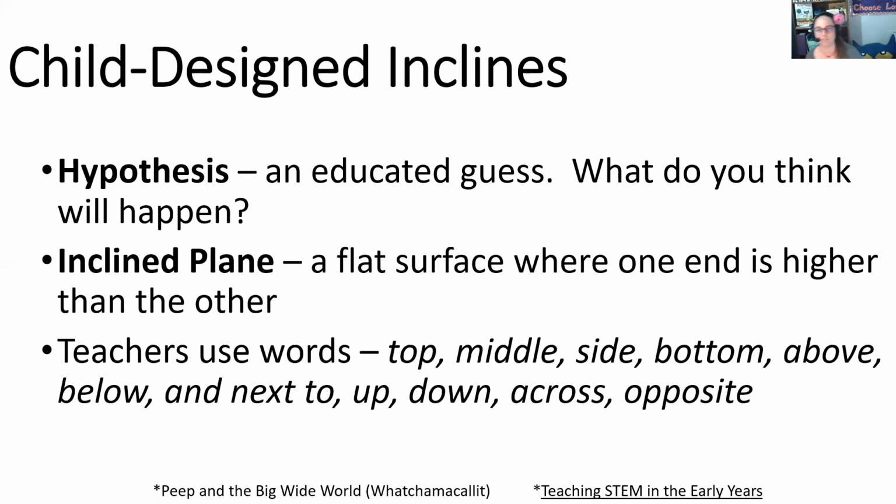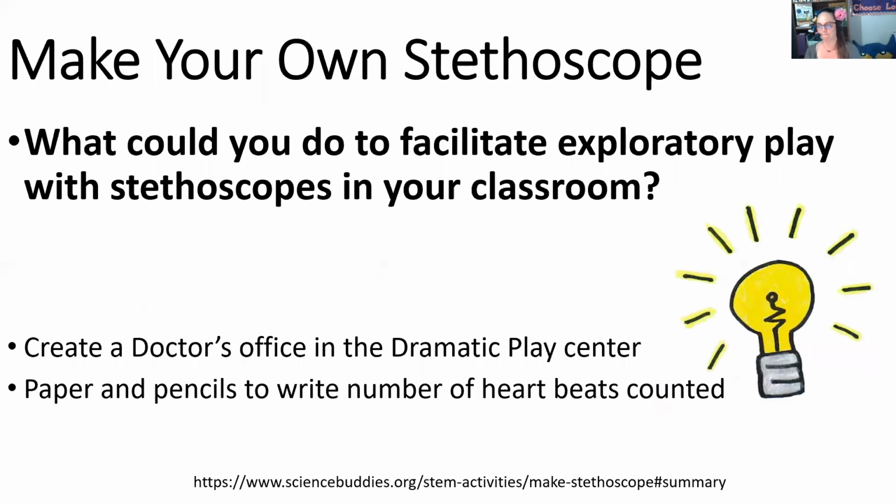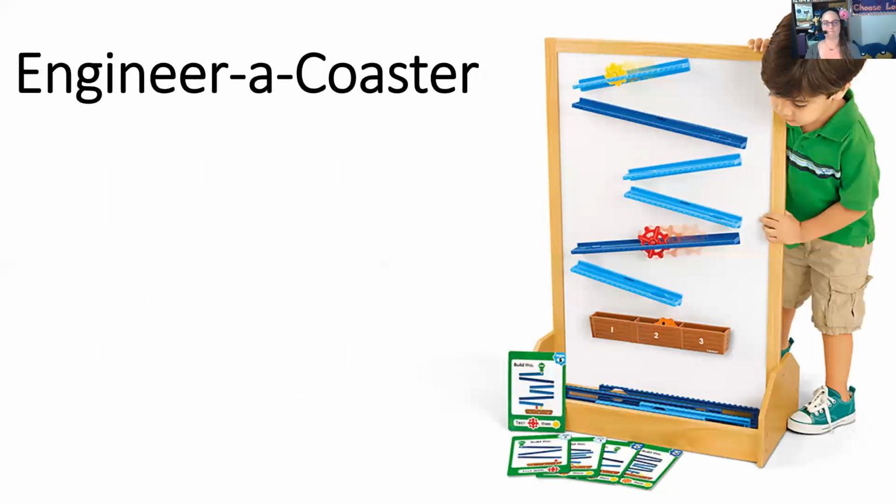So one way you can do this is by cutting tubes and making ramps. You can use bouncy balls to go down the ramps. Here is something that I have in my classroom. It's called Engineer a Coaster, and my students love this activity. And this is something you can get from Lakeshore.